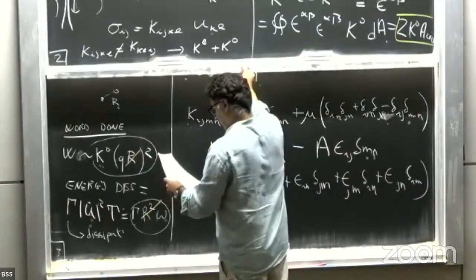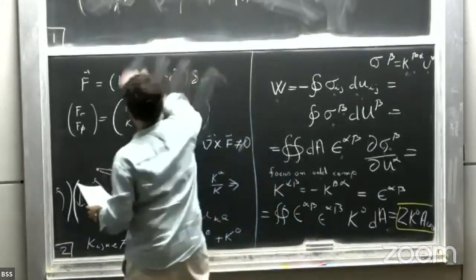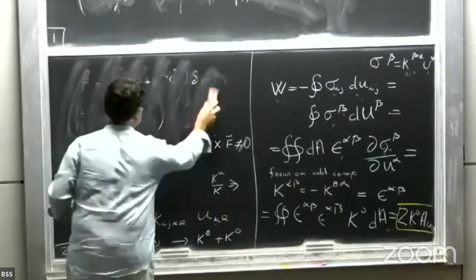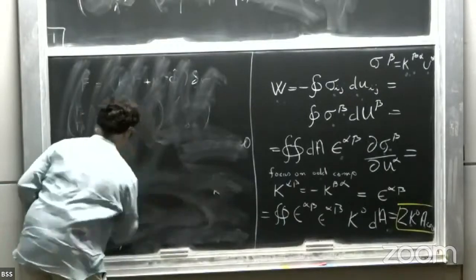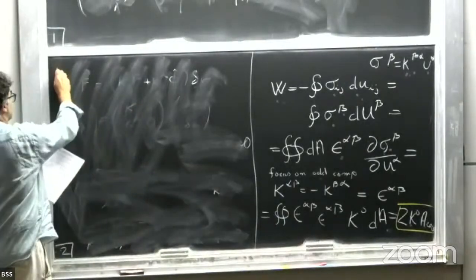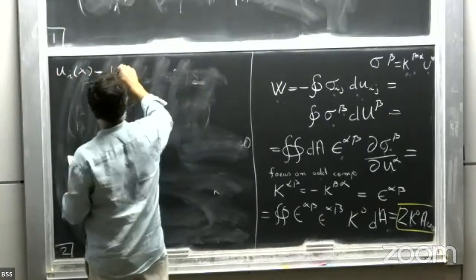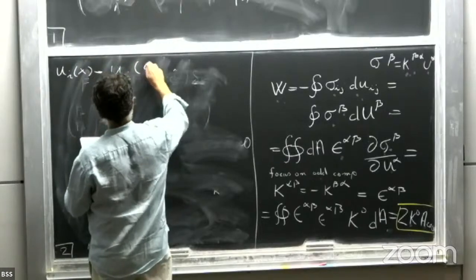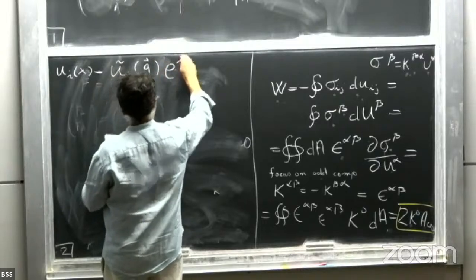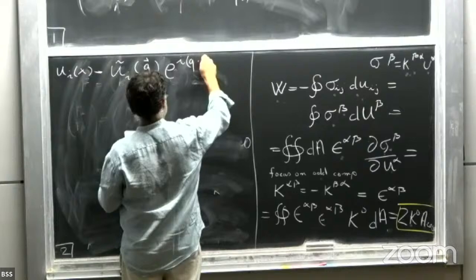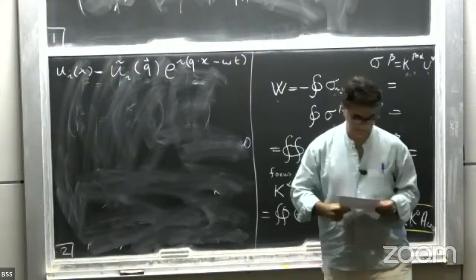What do I need to do now? Well, if I want a spectrum, I have to put an ansatz for the solution, which is an oscillatory ansatz. So I'm going to say u_i(x) is going to be equal to u_i(q) times e to the i (q dot x minus omega t). Okay, this is what you would be doing always, right?